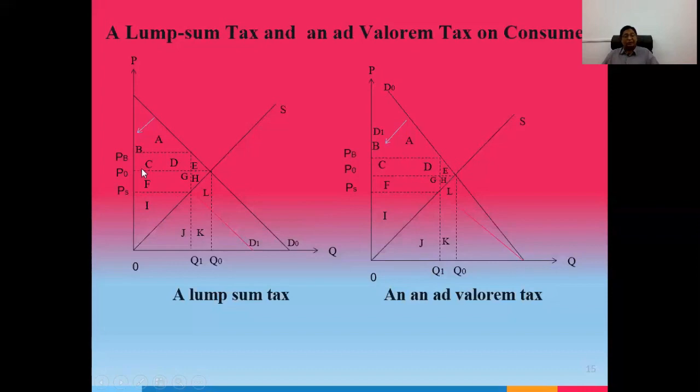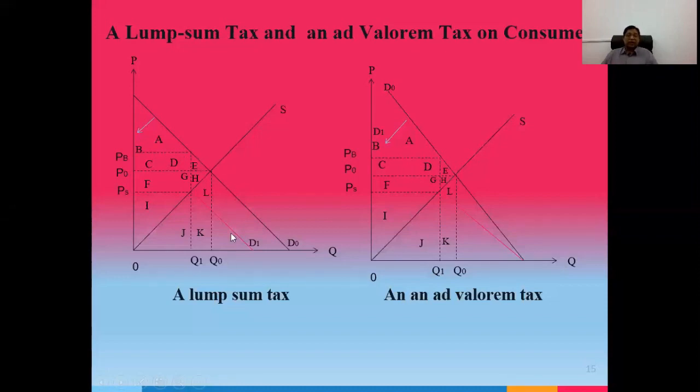Government tax revenue is given by the area of C plus D plus F plus G. You subtract the reduction in consumer surplus, that is minus C, minus D, minus E, and again the reduction in producer surplus, that is minus F, minus G, minus H. When you cancel out positive terms with negative terms, you will get minus E and minus H as deadweight loss or social cost of lump sum tax on consumers.